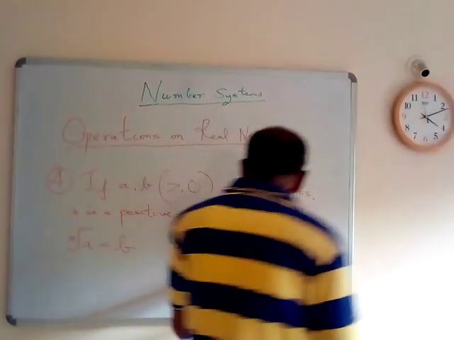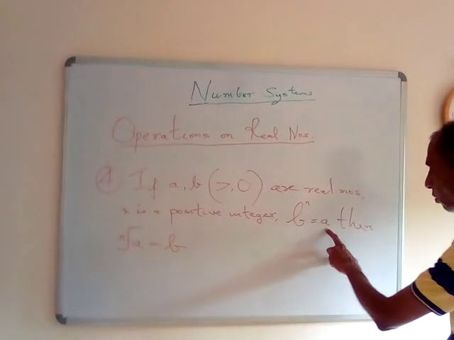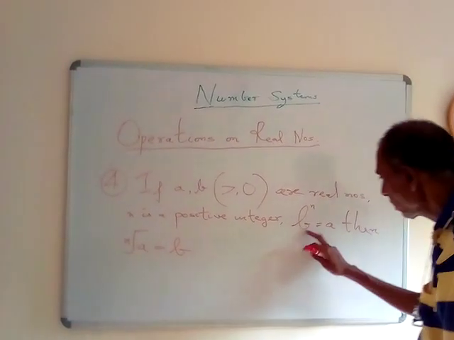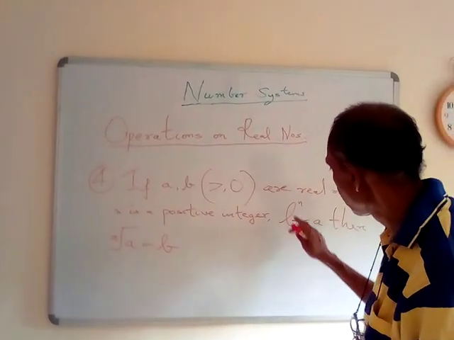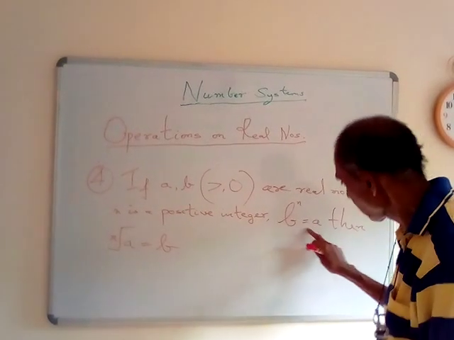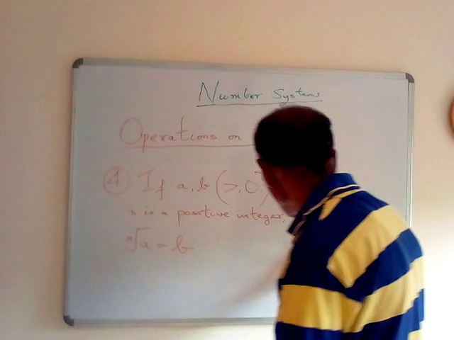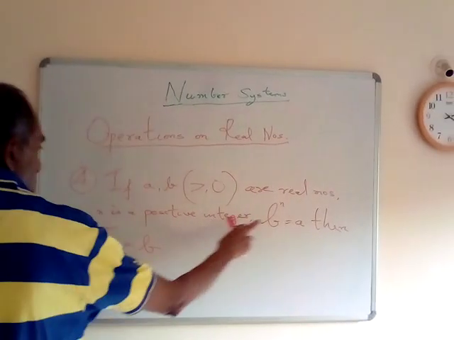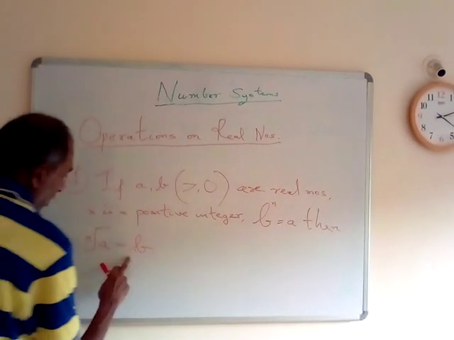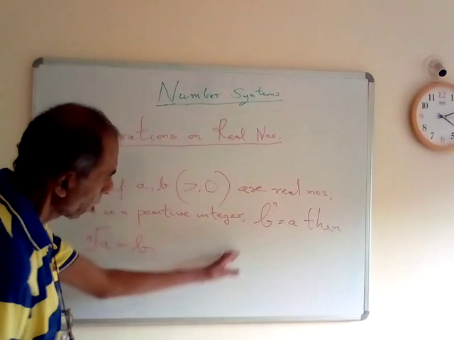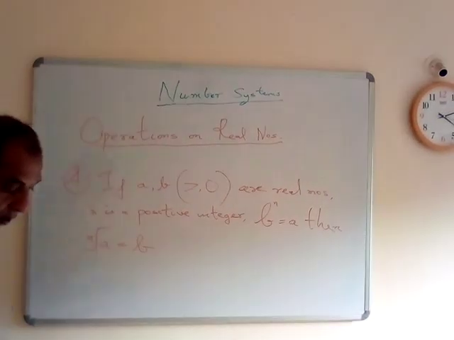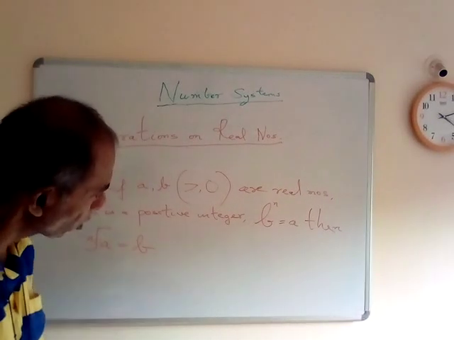Then if b raised to n is equal to a, then the n root of a is equal to b. Why? With a number I'll explain this to you.